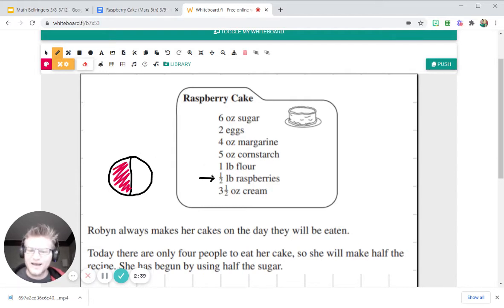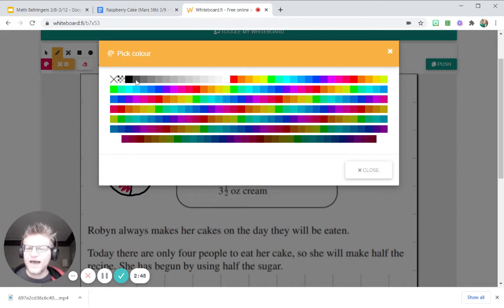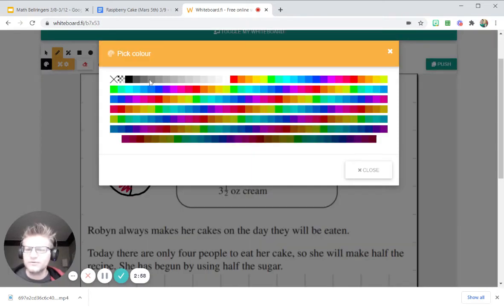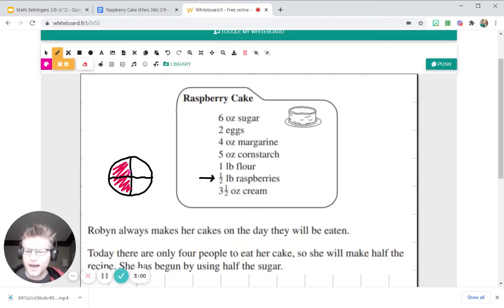So this is what a recipe takes. If I say that we're going to use half that much, well, what we have to do is add a new line. We have to come in here and break this into half. So we have to cut this bit of raspberries into half, right? So I'm going to cut that all the way across. And now the part that I want to actually use, I'm going to color a different color, pink. I want to use just this. Well, you can hardly tell it's different. I want to use just this top part here. That's half of what I started with, right?